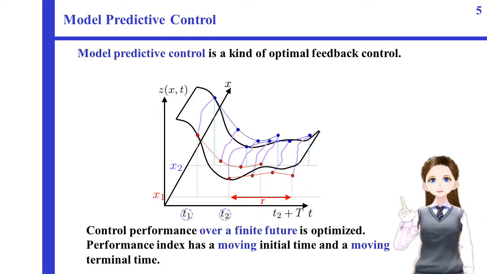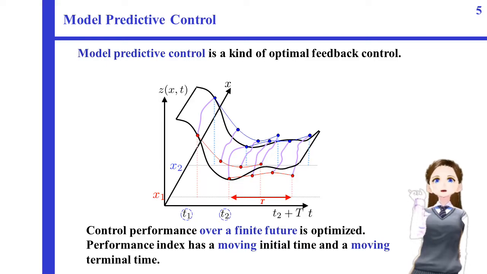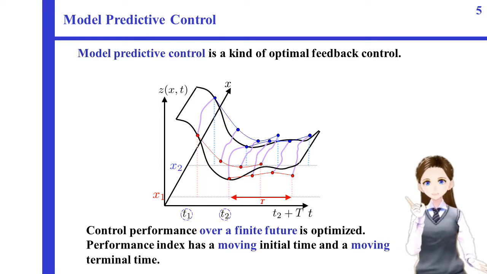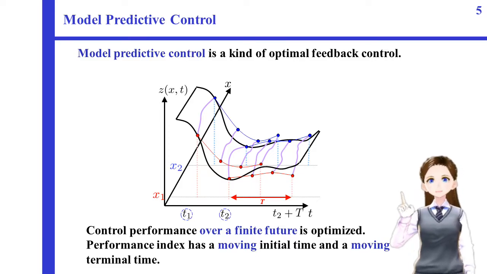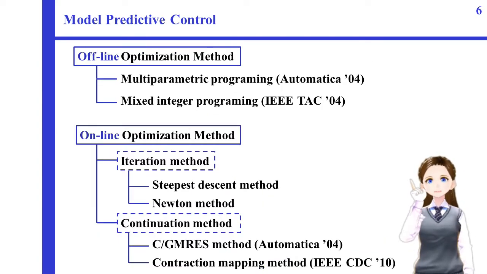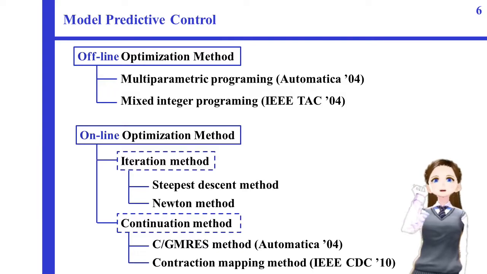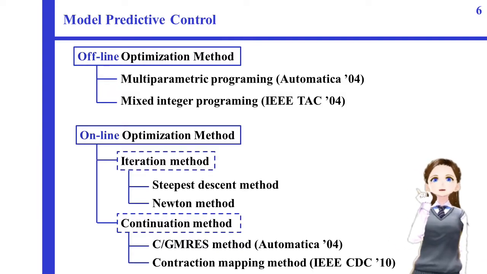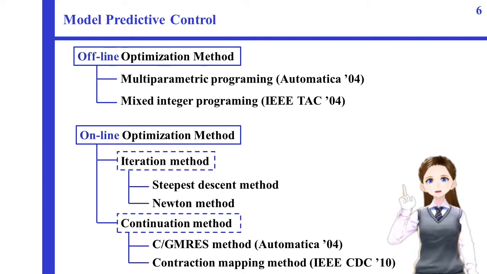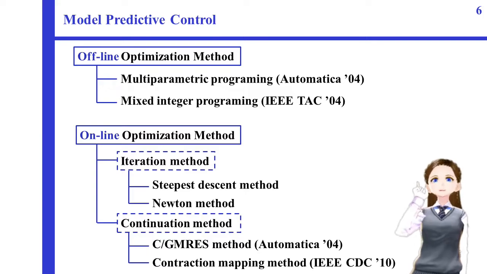Model predictive control is a kind of optimal feedback control, and its performance index has a moving initial time and a moving terminal time. Thus, control input optimization is repeated at each sampling time. There are several optimization methods that can be applied to solve the model predictive control problem. These methods are categorized into the offline optimization, and these methods are categorized into the online optimization.